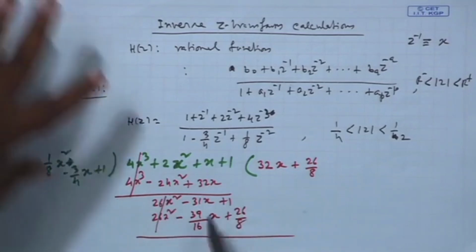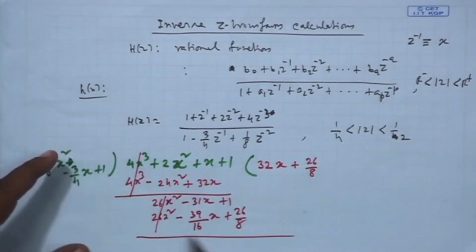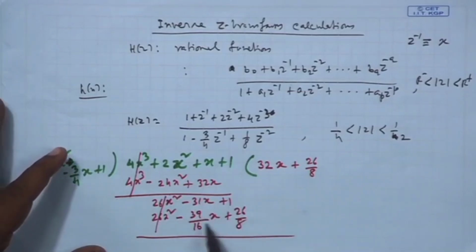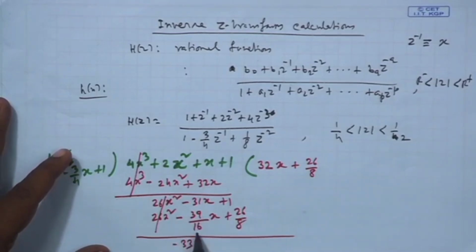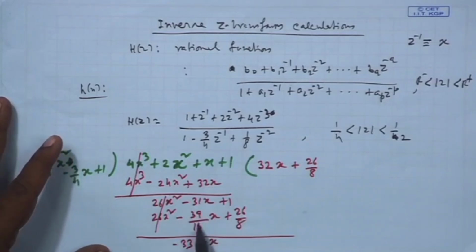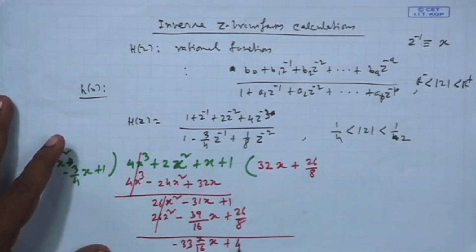This is cancelled. The remainder will be minus 33 by 16 x, 7 by 16, that much x, and the constant is 4.